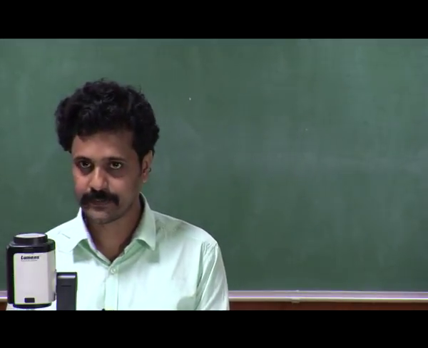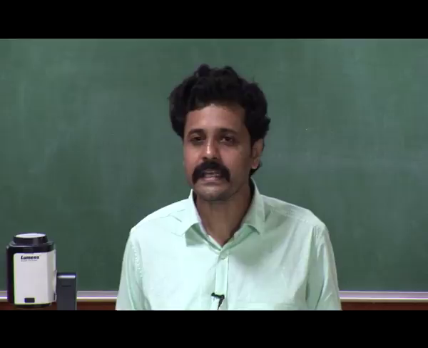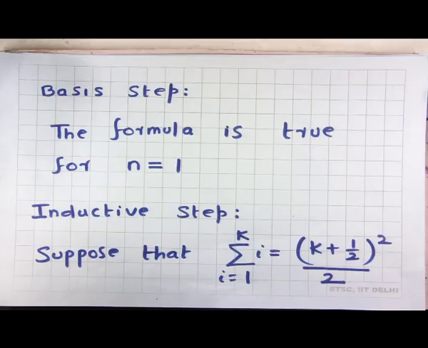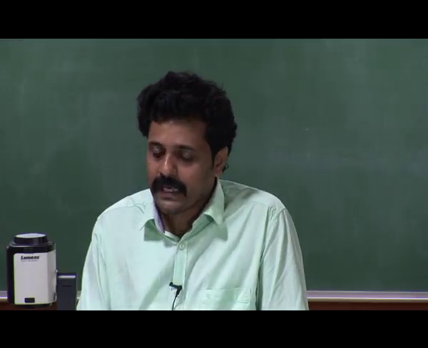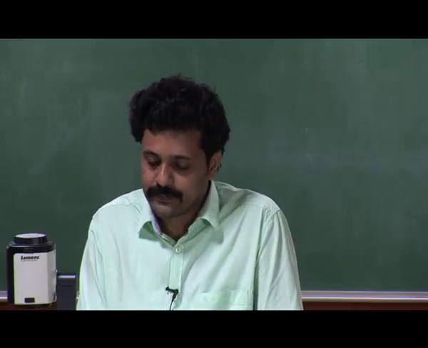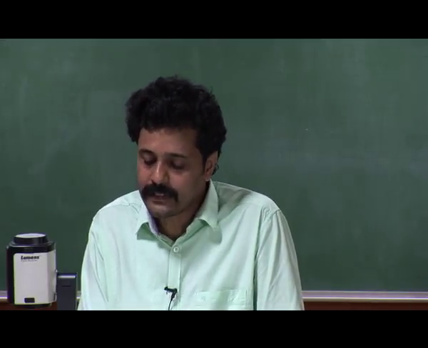The basis step generally looks very innocent, just to verify the statement for n equal to 1. So, there is a chance that sometimes we overlook it and ignore the basis step. Let me proceed with the example.